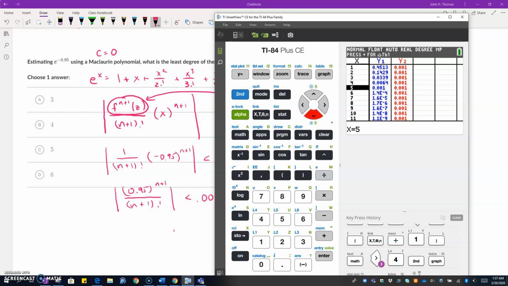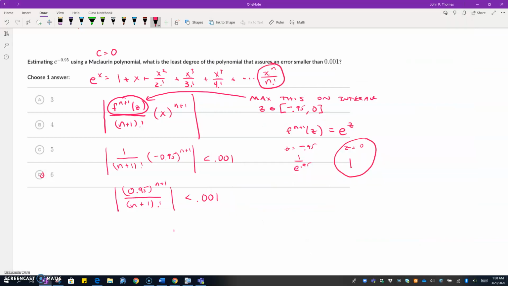If I said 5, my error would equal 0.001. That would be the upper bound, so we could have an equals to. If I push past and go to 6, that's going to guarantee that I'm less than 0.001. So our correct answer on this one would be 6.